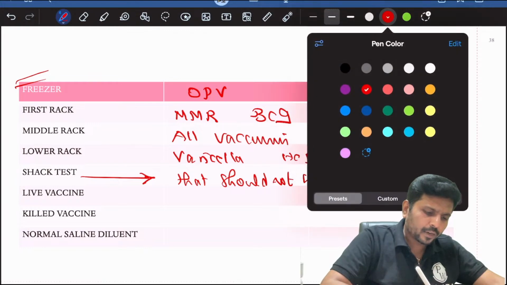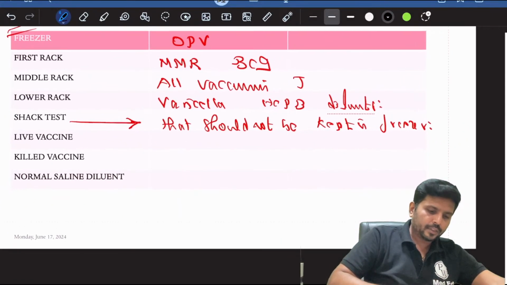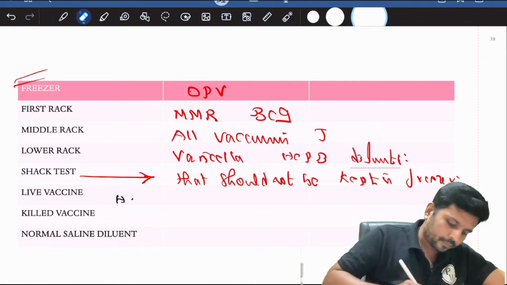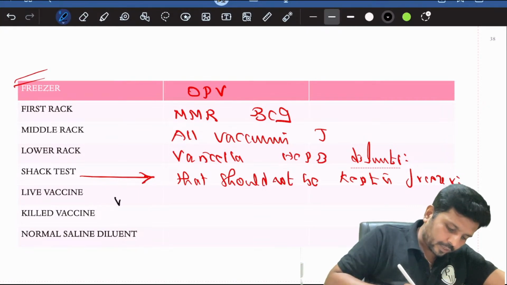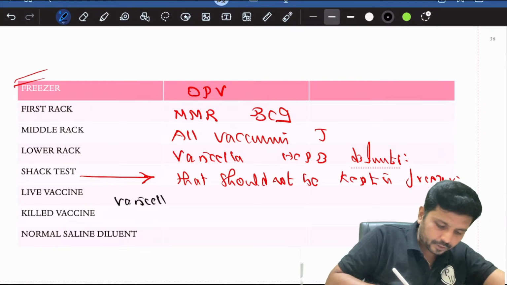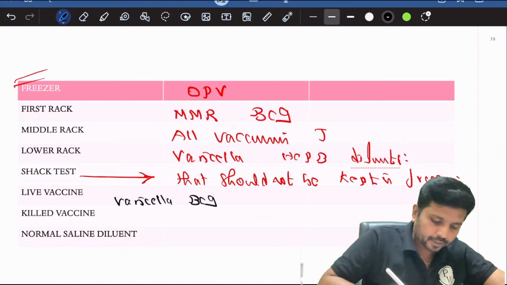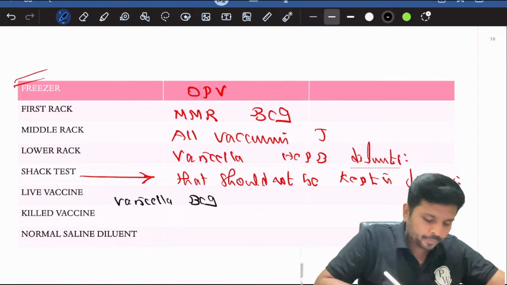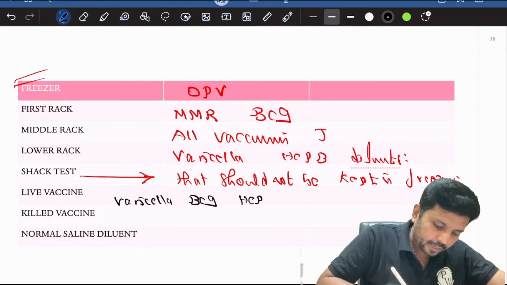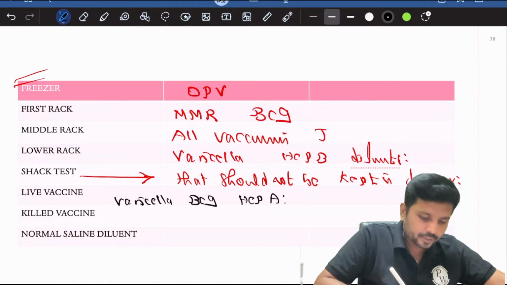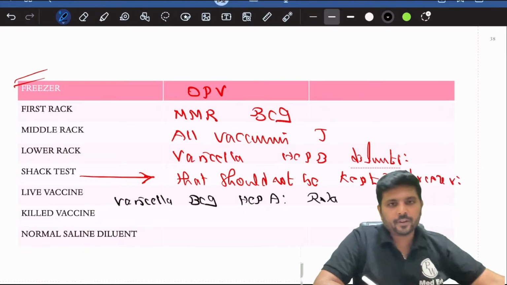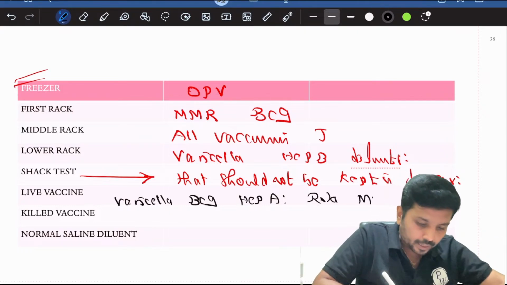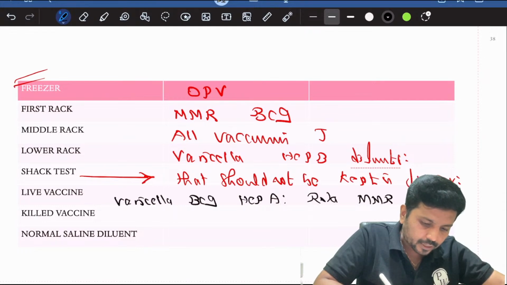What are all the live vaccines? Varicella is a live vaccine, BCG is a live vaccine, hepatitis A is a live vaccine, Rota is a live vaccine, MMR is a live vaccine, JE is a live vaccine.